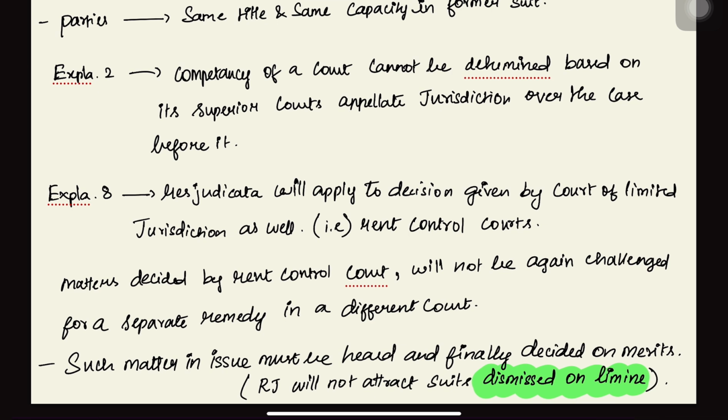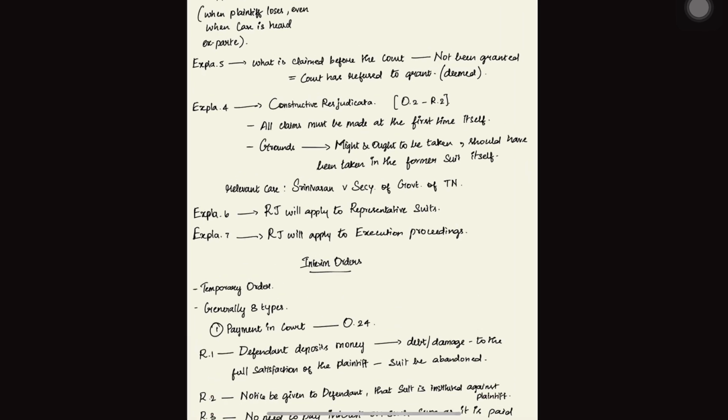In limine means those suits which have been dismissed on procedural grounds, for example, stamp duty has not been paid, or other procedural grounds where the court would have dismissed a particular case. That is termed dismissal in limine. So dismissal in limine will not attract res judicata. That is the thing we should know.